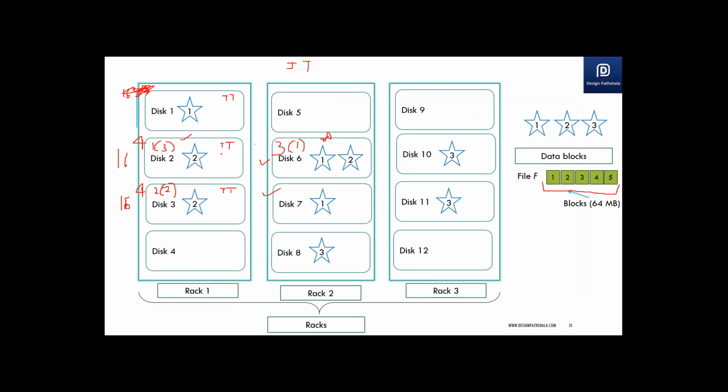So now this task tracker needs to process this data, and to process this data, what logic needs to be applied? That logic is required by the task tracker before it can be applied. So a small Java code needs to run, which is required by this task tracker. So that logic is read from the distributed file system again. So this task tracker will read that logic from the distributed file system, that is HDFS.